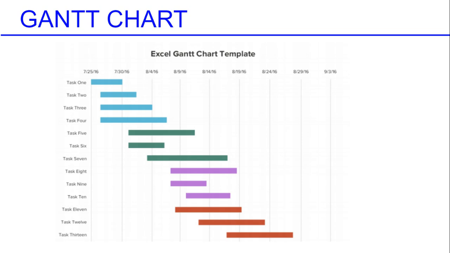So if you look at this example, you see that there are several tasks, task 1, 2, 3, and 4, that will be happening simultaneously, right, between the 26th and the 30th. So that means there's going to be roughly 4 days where tasks will be happening simultaneously. And it happens again, right?